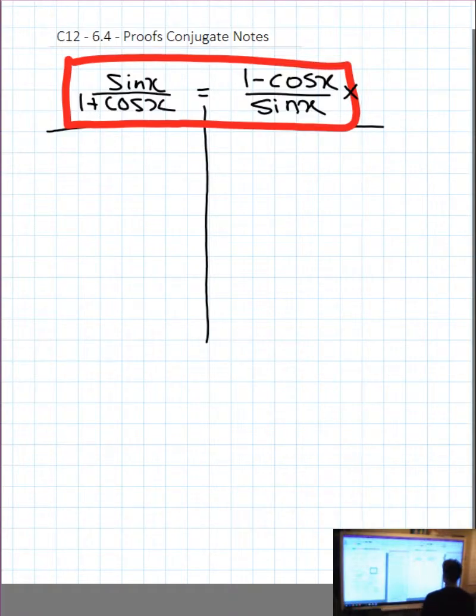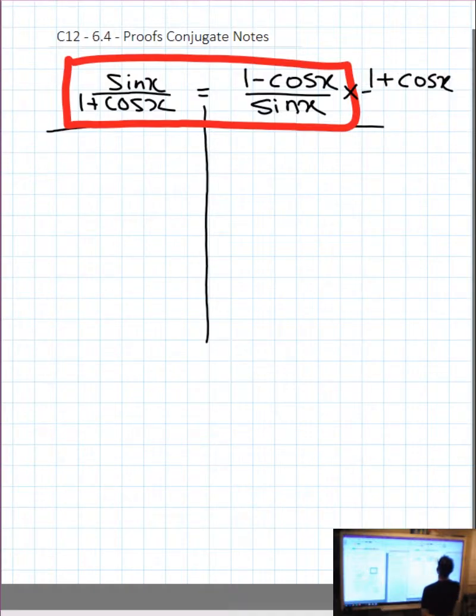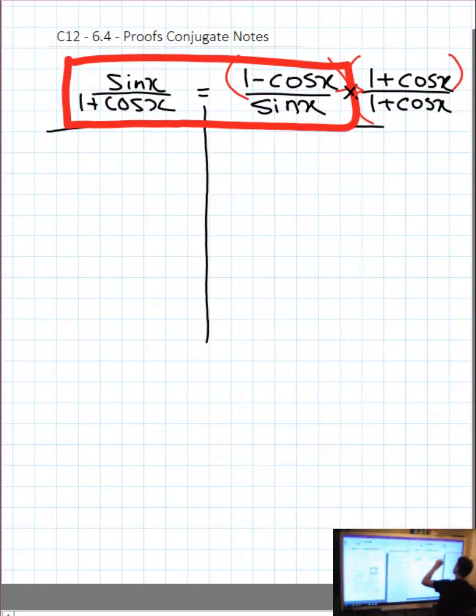So I'm going to multiply the top and bottom by the conjugate of the numerator, 1 plus cos x, the top and the bottom. And I'm going to put brackets everywhere.